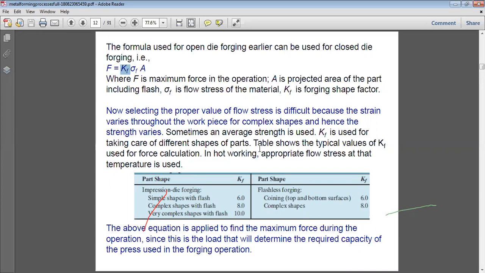Because it is a deformation process, the force of the press should always be greater than the force required for the shape building. So we have to determine the required capacity of the press for the forging operation, so that the amount of load it can deliver onto our workpiece gives the required deformation in every case.